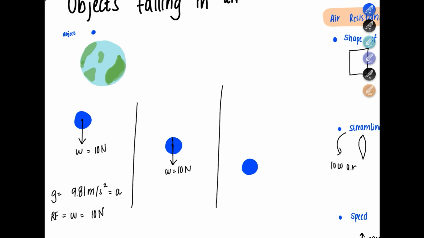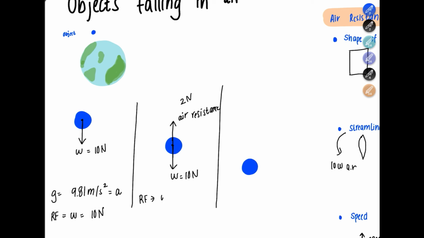But another force acts on it, which is known as air resistance, okay? I'll call this air resistance here. Now, can you imagine what happens to the resultant force now? This weight remains same. Weight is 10 newton. Let's say this air resistance has a value of 2 newton. So, what is the value of resultant force now?